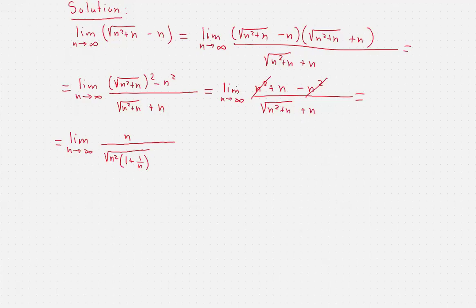And in our next step, we're extracting that n squared outside of the square root. So square root of n squared is n, and inside the square root, we're left with 1 plus 1 over n, and then we have a plus n.